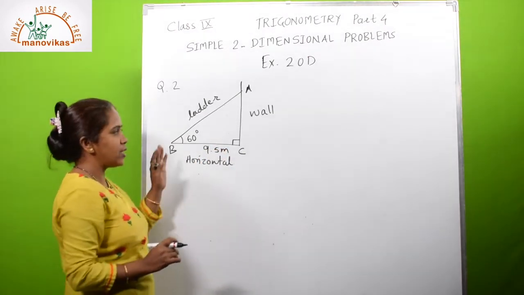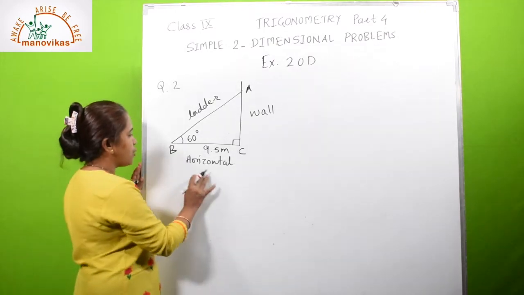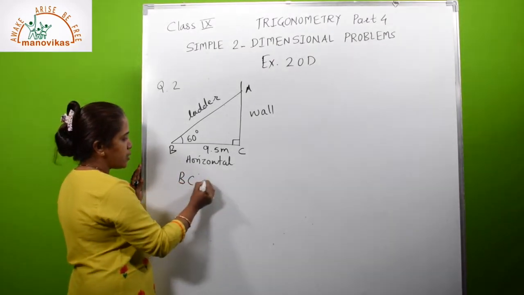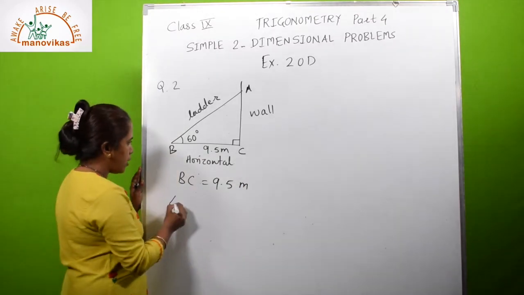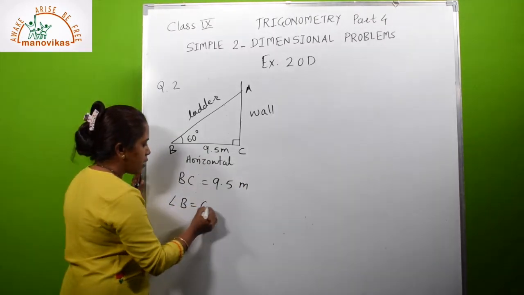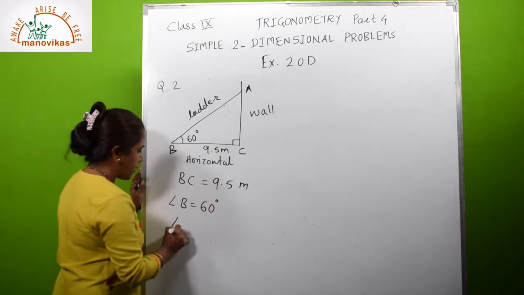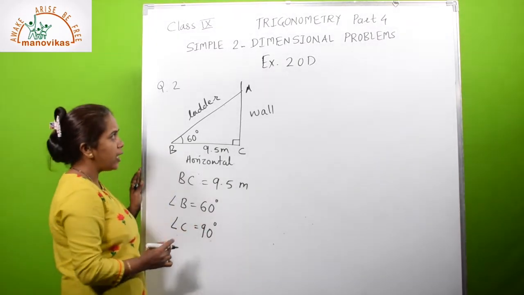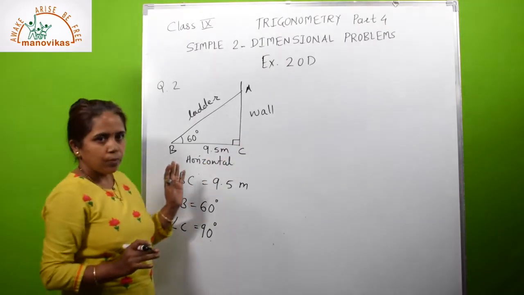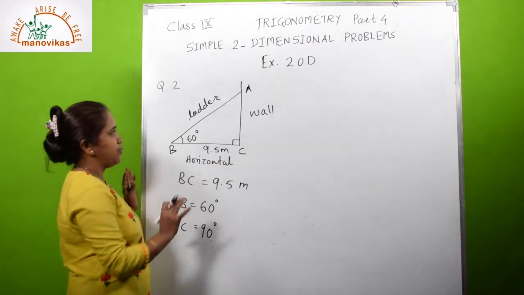Now what is given in the figure? According to the figure, BC distance is given as 9.5 meter. Angle B is given as 60 degrees. Angle C is 90 degrees. Okay, this is the figure for the particular question.